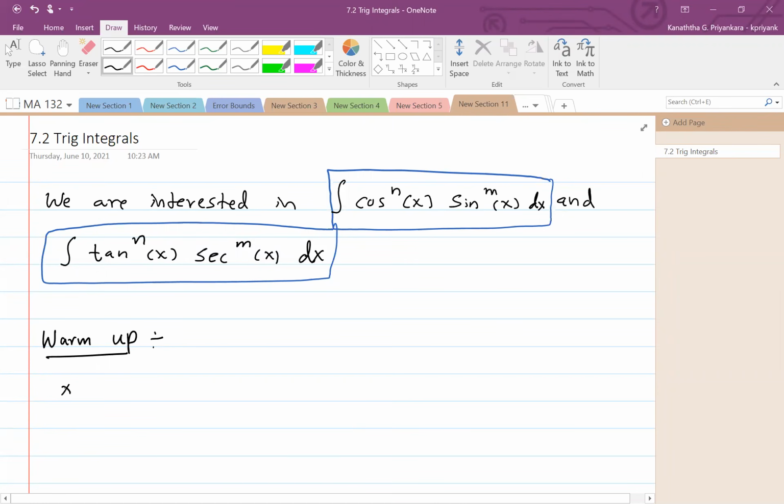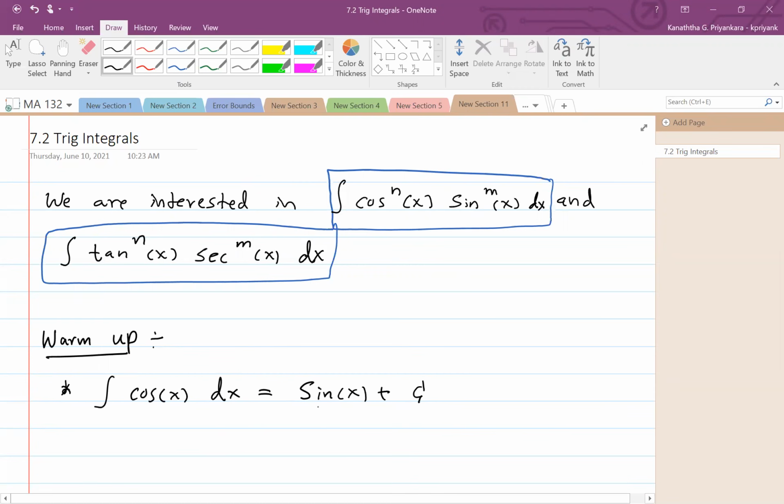We know the integral of cosine x. Start with the easiest one. The integral of cosine is sine x plus c. Once you have the integral, take the derivative and see if you get the same answer.